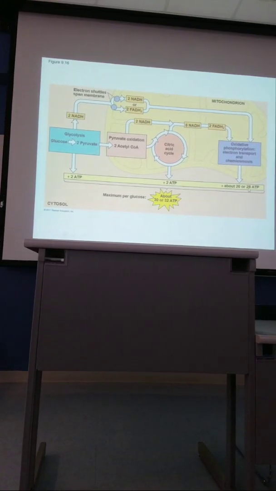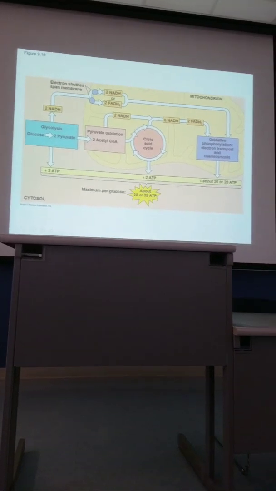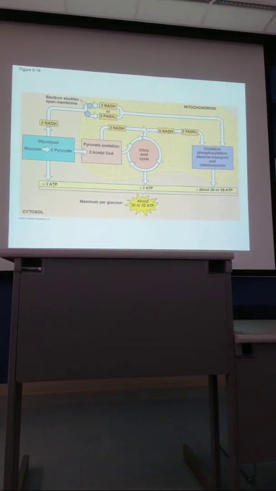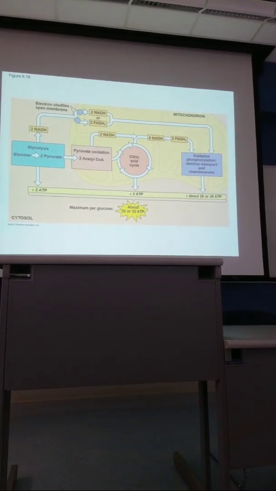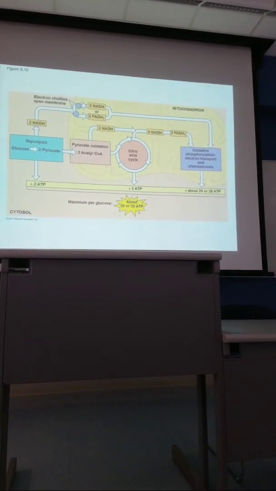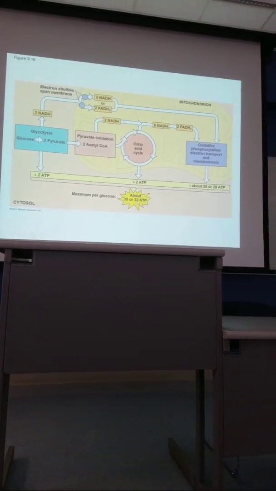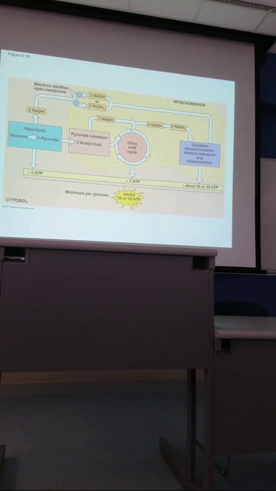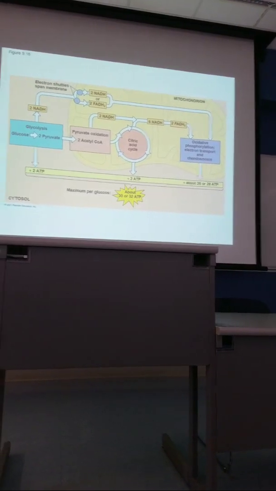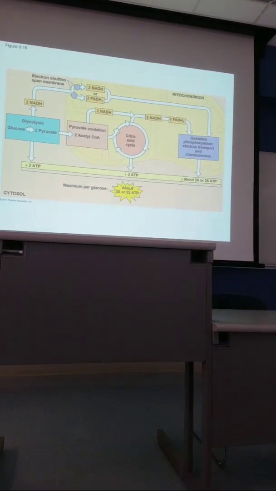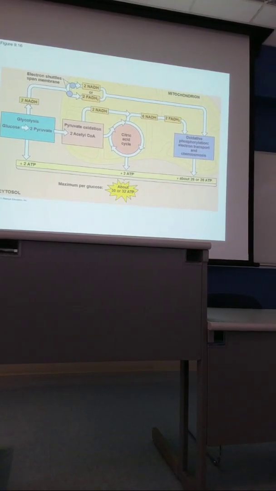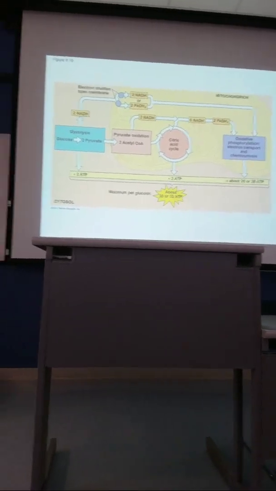And then if you get to 28 here, that's 36. 4 of those have to drive those 2 cycles, so that makes 32. And you get the 26 or the 28 by multiplying. If FADH2 is about 2, and then NADH is either 2 to 3, but we can say 3. Then you multiply those out.